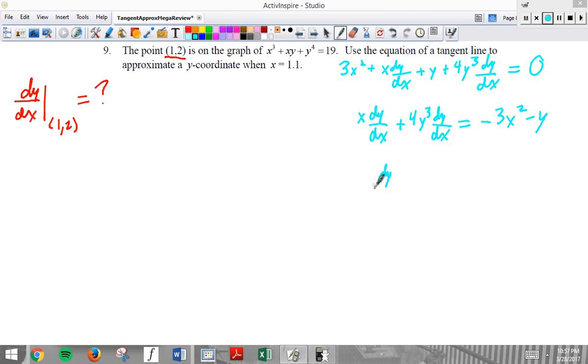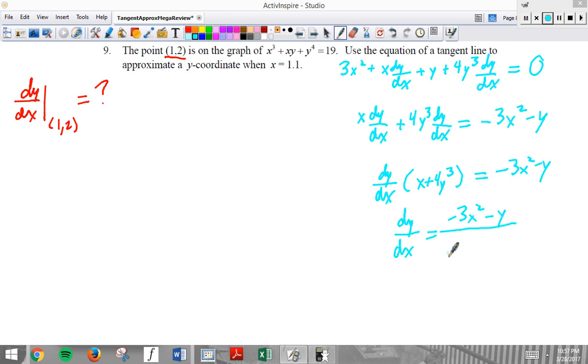So I get dy dx equals negative 3x squared minus y over x plus 4y cubed, okay? And that's the derivative of y with respect to x.